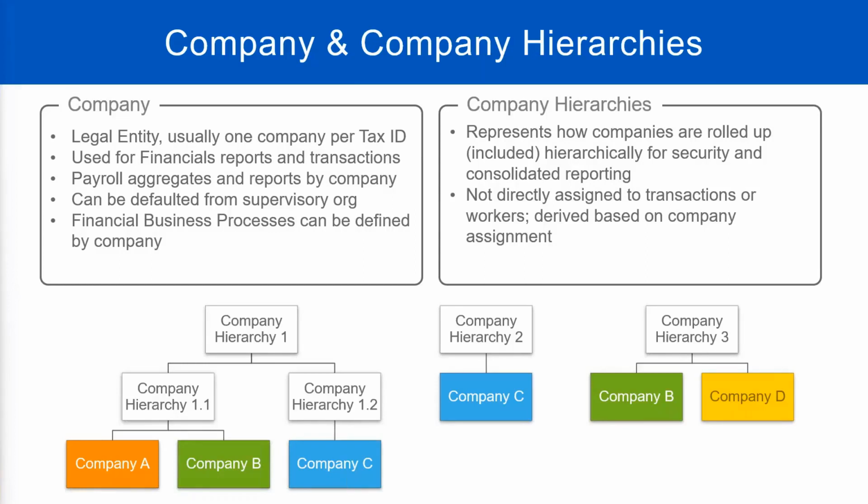A company hierarchy is not directly assigned to transactions or workers. It is derived based on the company assignment. Workers will be associated with the company, and the company is in turn associated with a company hierarchy. Also, one company can be a part of more than one company hierarchy.